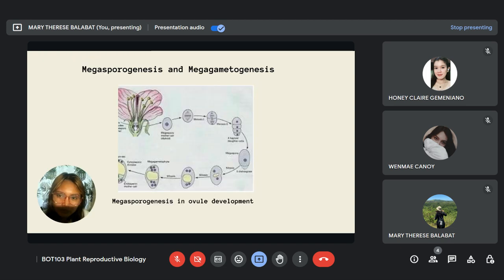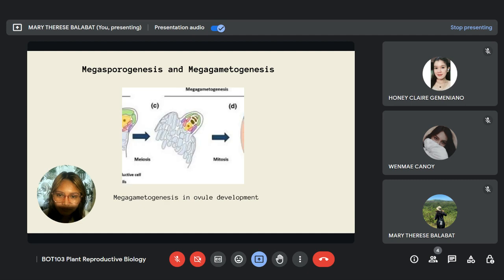We have here the megasporogenesis and megagametogenesis. A single megaspore mother cell undergoes meiosis, producing four megaspores. Three of these megaspores degenerate. Only one megaspore survives and undergoes mitosis, forming the female gametophyte or the embryo sac.